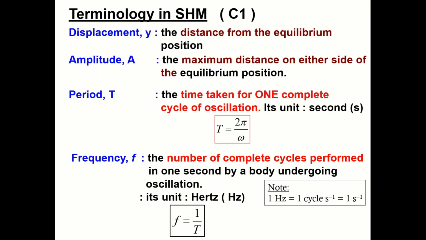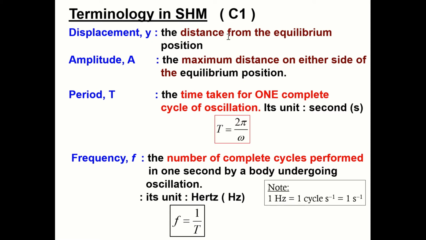In simple harmonic motion, we have a few terminologies that we have to know in order to solve the problems and to understand the concept. The first one is the displacement. We have an object moving with simple harmonic motion. For the displacement, we choose y as the symbol. We are not using x, we are not using s. So what is displacement?